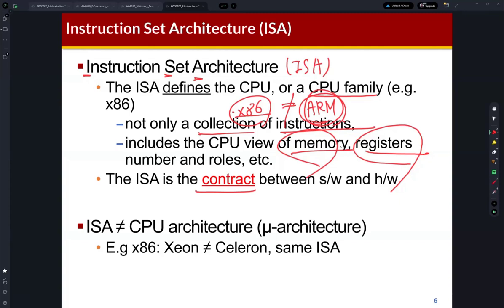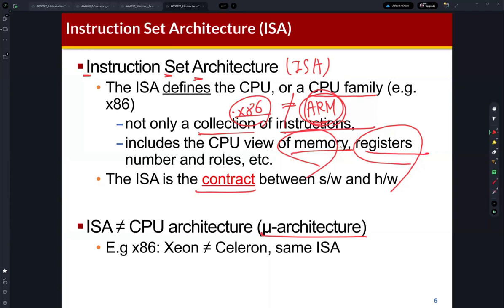Sometimes we need to distinguish the ISA, the instruction set architecture, from the microarchitecture of a CPU. We frequently use the term architecture to mean either the ISA or the microarchitecture of a CPU, but they are actually different.